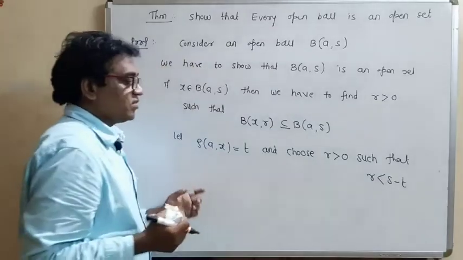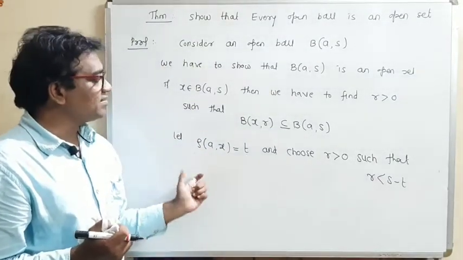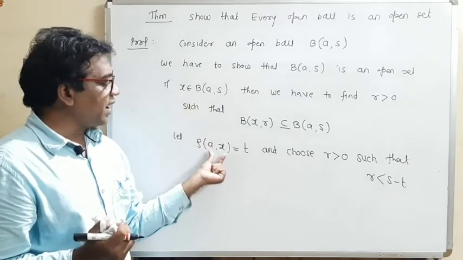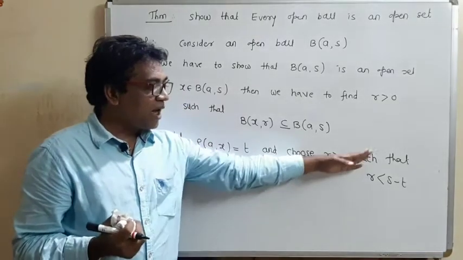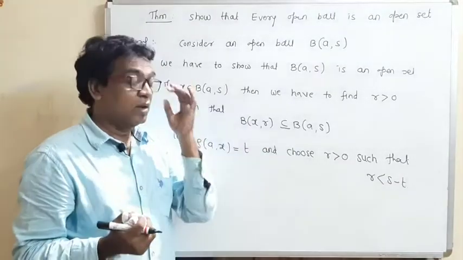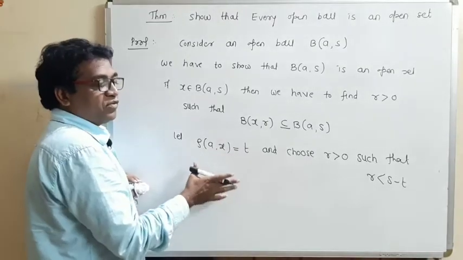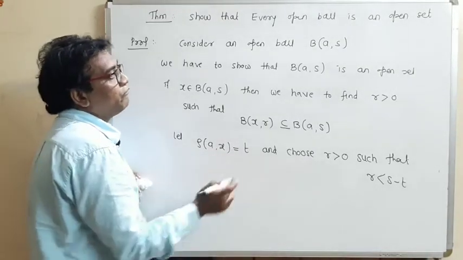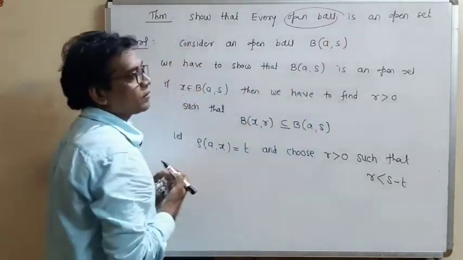So this is our assumption. What we assume is that the distance between a and x, suppose it is t, and choose this radius positive having this condition r less than s minus t. So see, up till now we have seen that we want to show that every open ball is an open set.